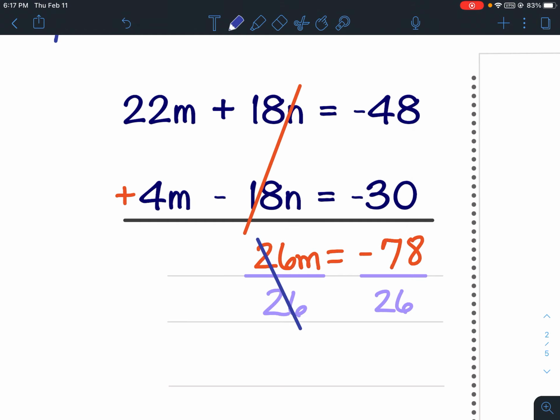Cancel the 26, and I would get m equals negative 3. Negative 78 divided by 26 is negative 3.